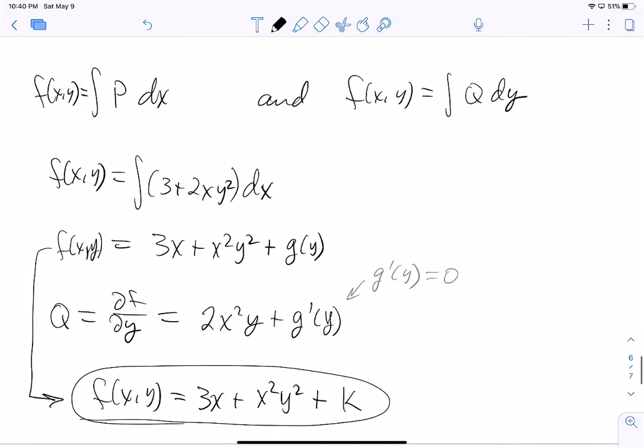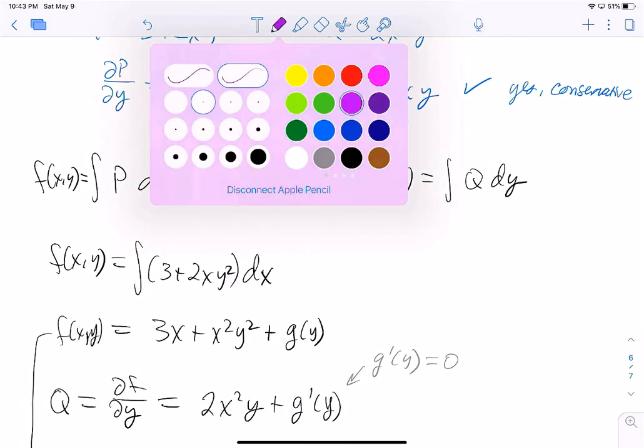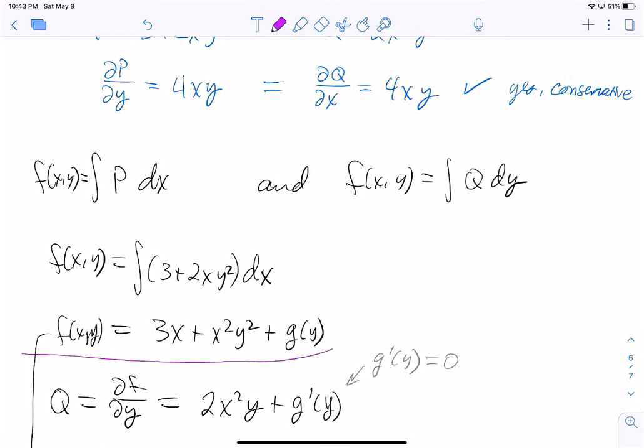The other way to do it is, I think, a little more direct. We can go back up to our f of x, y is equal to the integral of Q dy. And just so you have a reference here, we would do this part just after we have found the integral with respect to x of P. So we have here f of x, y equals 3x plus x squared y squared plus g of y.